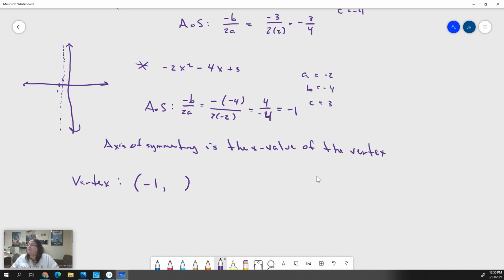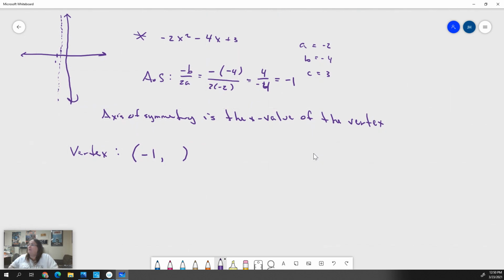And so if we want to find the y value of that, all we have to do is plug it in to the original equation, right? So if we have minus 2x squared, that would be minus 2 times negative 1 squared minus 4 times negative 1 plus 3. And whatever comes out of this is the y value for our vertex.